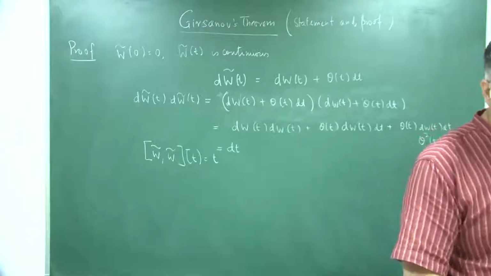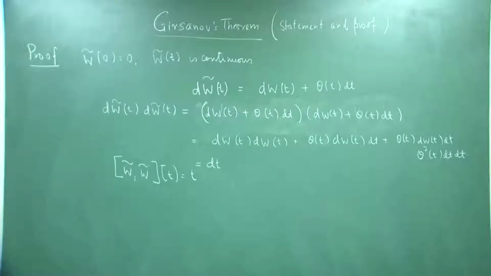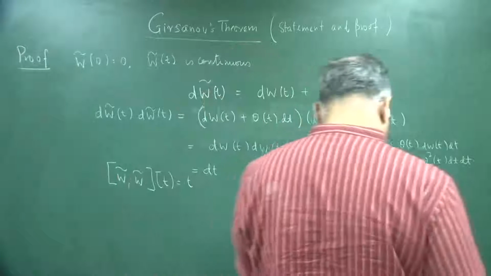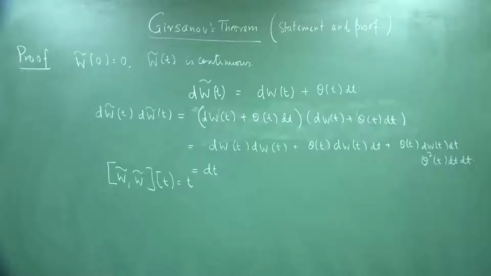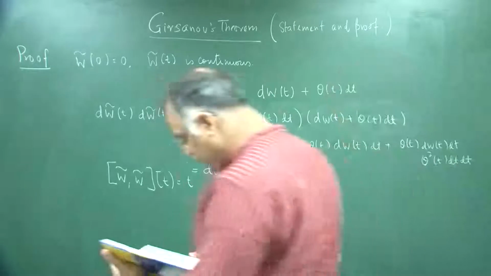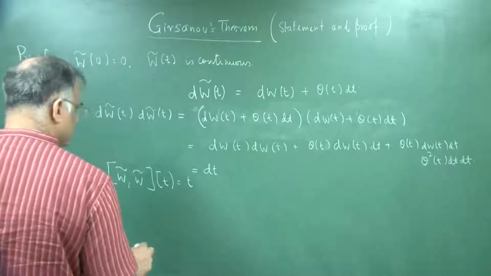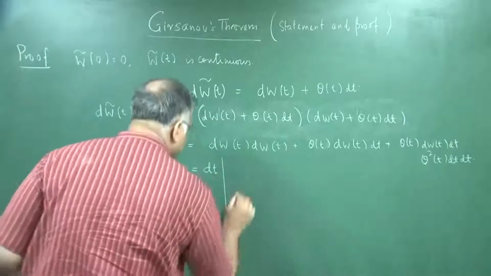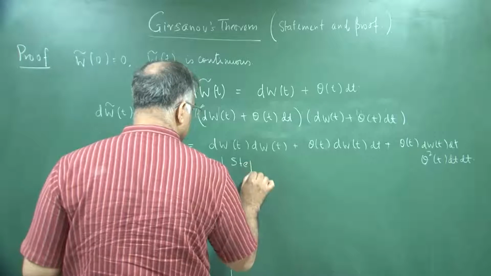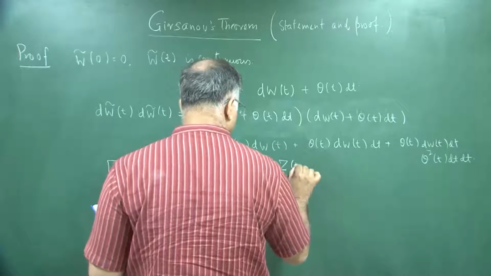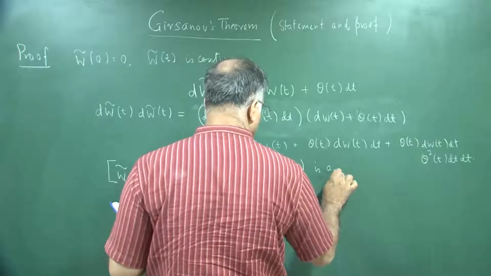So, what we have to just prove is that w tilde t is a martingale, and you see the analysis now starts. So, we will first show that zt is a martingale. So, step 1: zt, the process that we have defined, is a martingale.